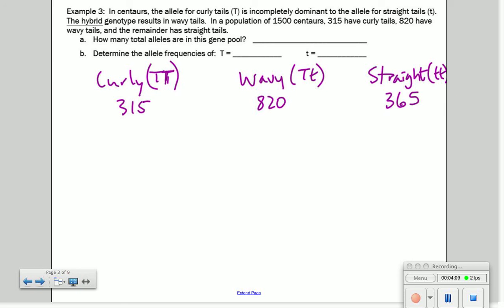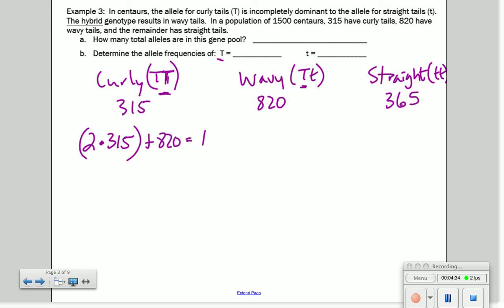So to find the allele frequencies for big T here, I have 2 big T's here, so 2 times 315. But I also have 820 big T's in my wavy centaurs, so I got to add 820.